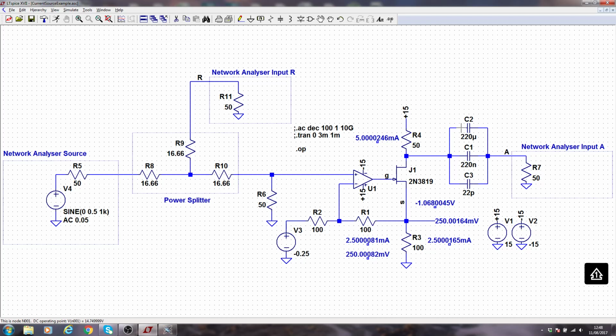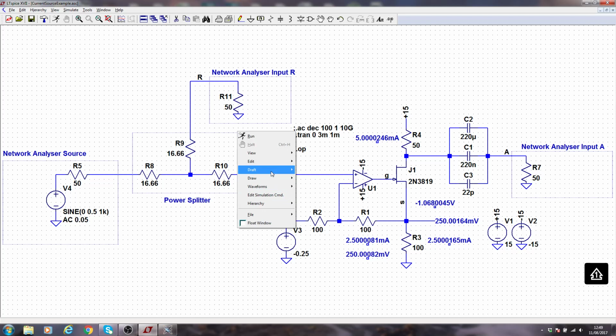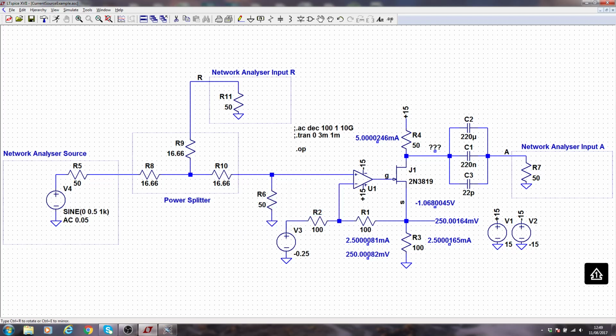If we look at the voltage on the drain, we can work out what it should be. It will be 5 milliamps times 50 ohms, all taken away from plus 15. If you don't fancy doing that in your head, you can put data label in. It's 14.75 effectively. So we need to block that because the network analyzer will not be very happy with us putting the 15 volts, more or less, into its input.